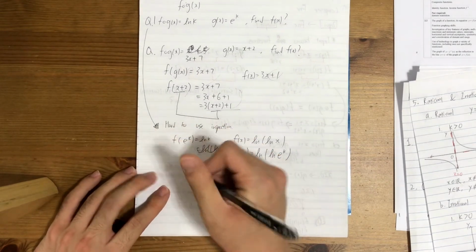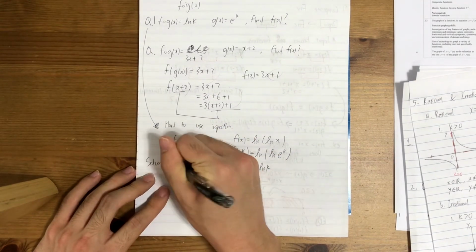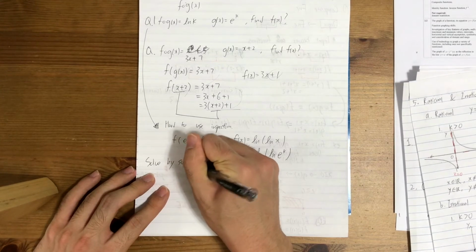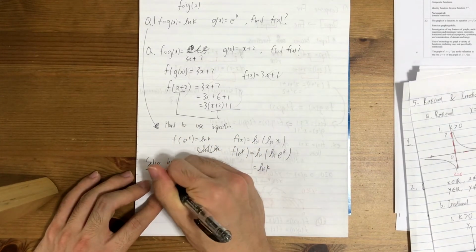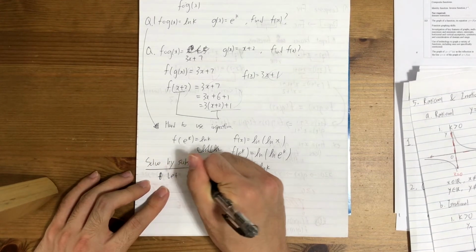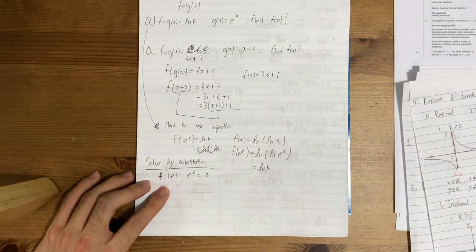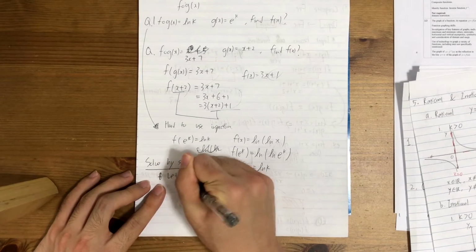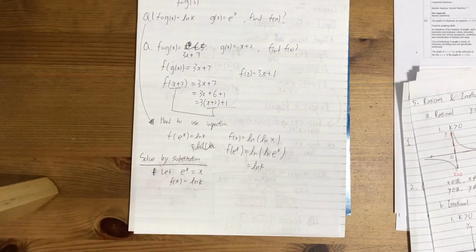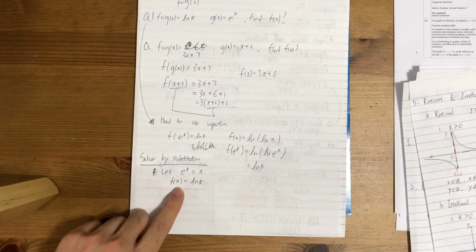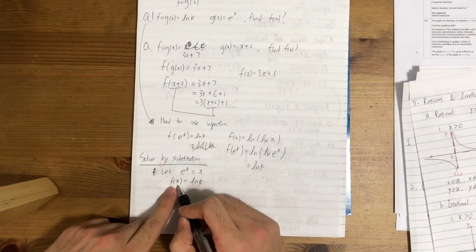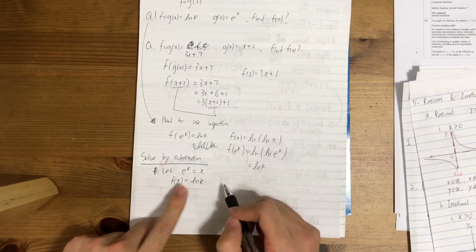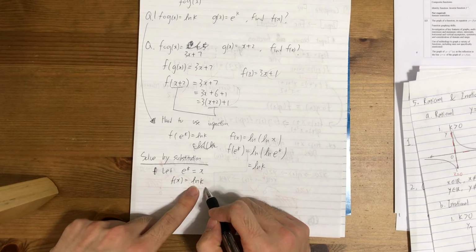Then let's say e to the k be x, right? Then f(x) equals ln k. But here we have a problem. The function is in terms of x, I mean, that means the input is x, right? But how can the outcome be k?